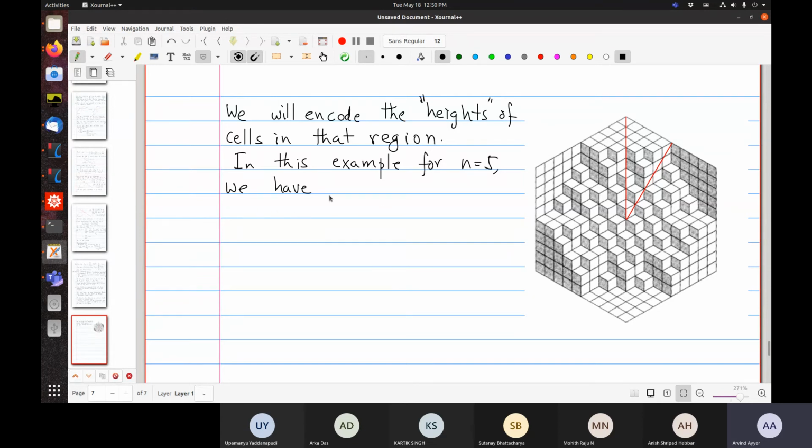Okay, and please tell me if this is not clear. The first row is all 5s. The second row is again all 5s, but the first cell of the second row is adjacent to the second cell of the first row, so I will start it in the shifted array. So 5, 5, 5, 5, right?